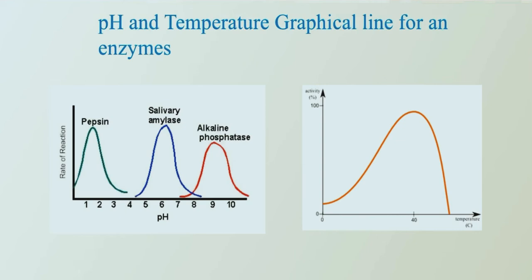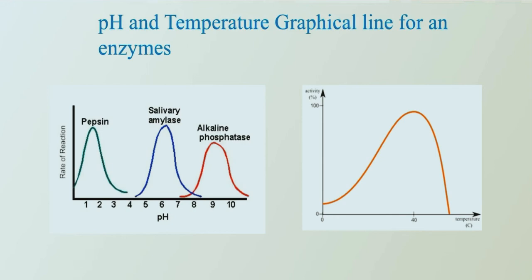In my point of view, I'm going to divide the line placed in the graph into 2 parts: the one going up and the one going down. The point between these 2 connected lines is called the optimum pH, or the optimum temperature, of that specific enzyme.